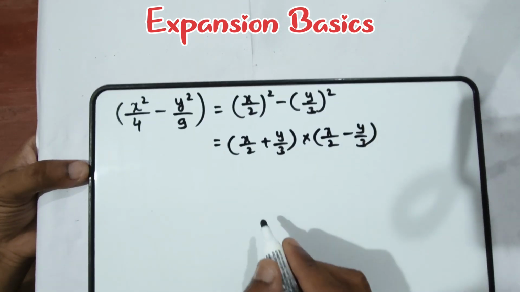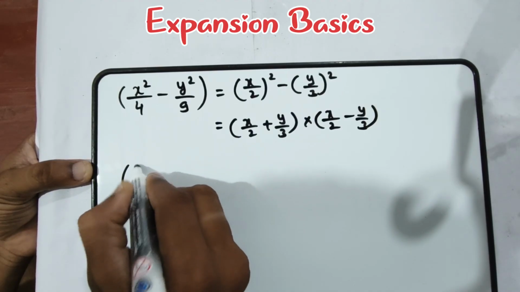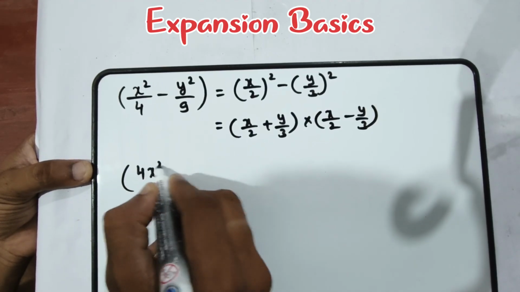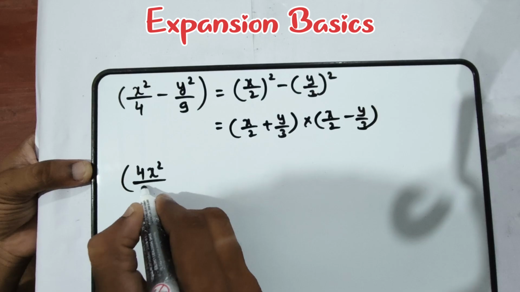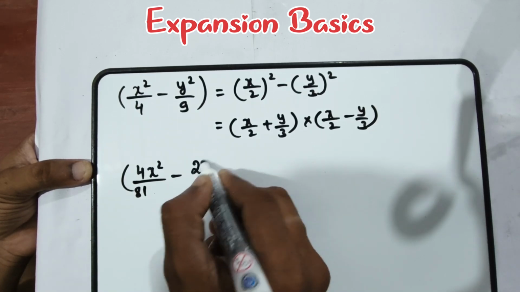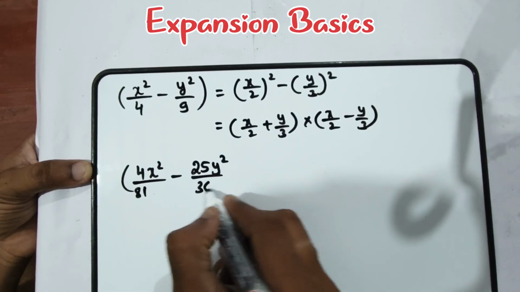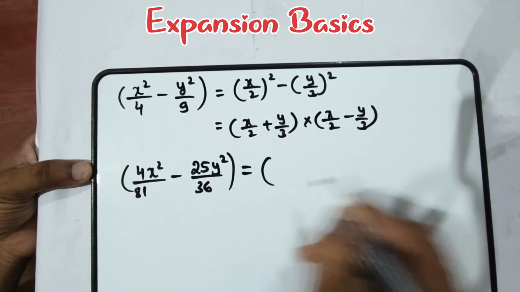Next, 4x square divided by 81 minus 25y square divided by 36.